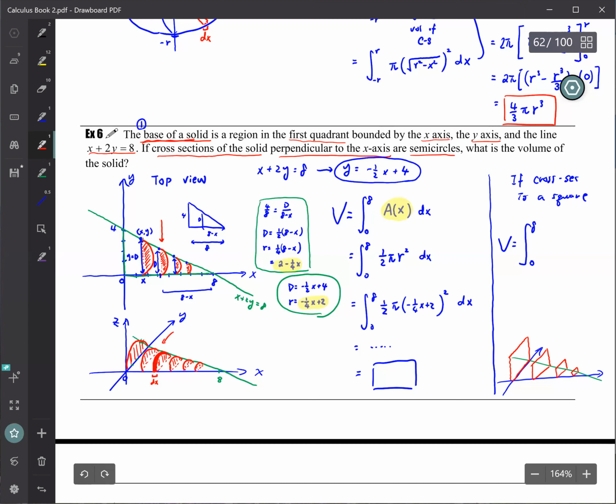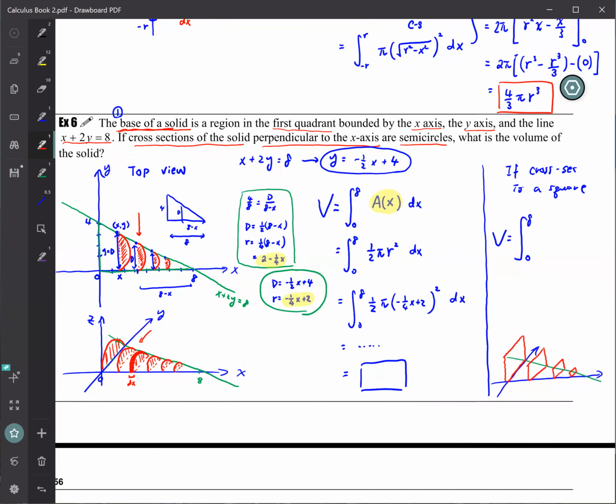I think I have it, but I don't know if I did it right. Okay, let's wait for other people too. So the picture will look like that, looking at an angle, the 3D. A lot of squares piling up. Infinite number of squares. So raise your hand if you got this setup.